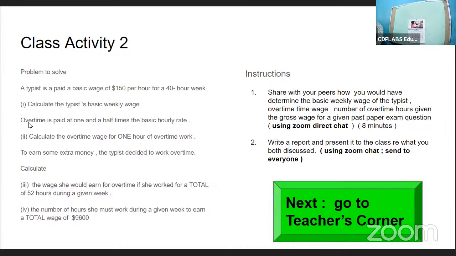Overtime. Can somebody tell me what the word overtime means? If you remember, it was said in the last class by one of your friends. What does the word overtime mean? Please unmute your mic and respond.